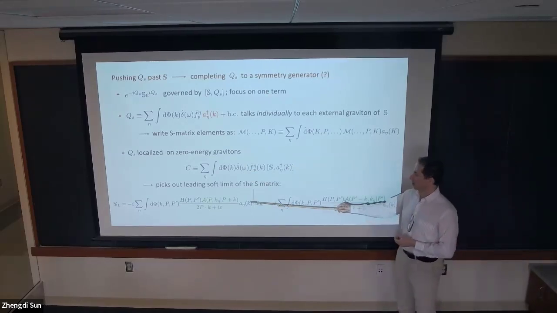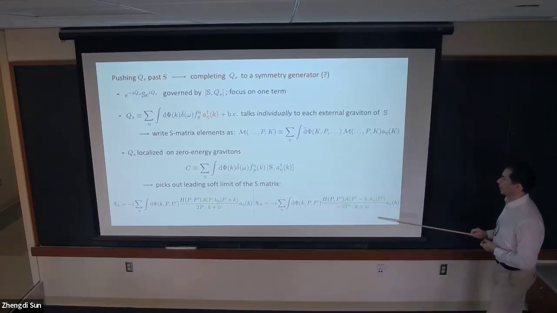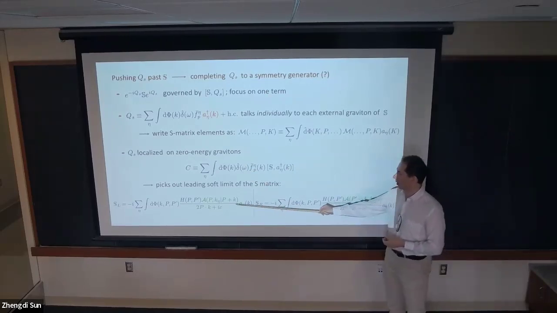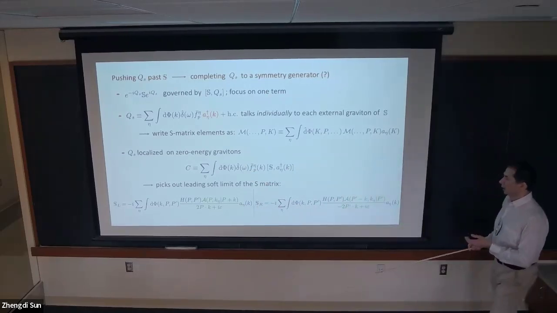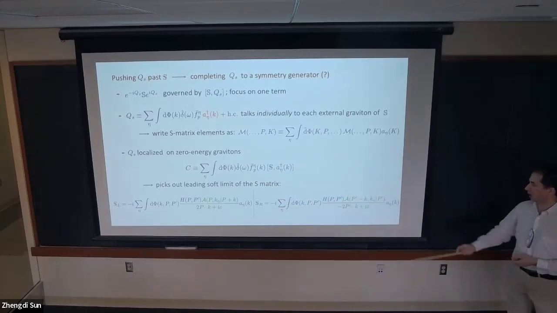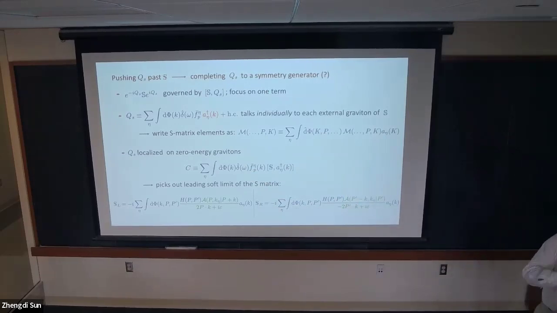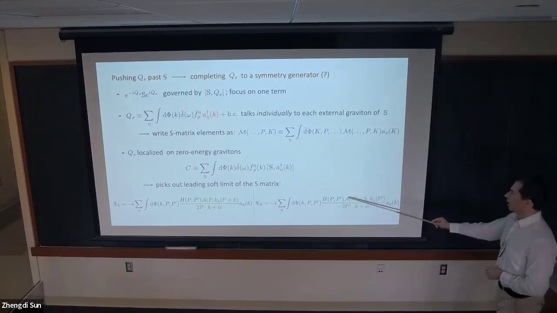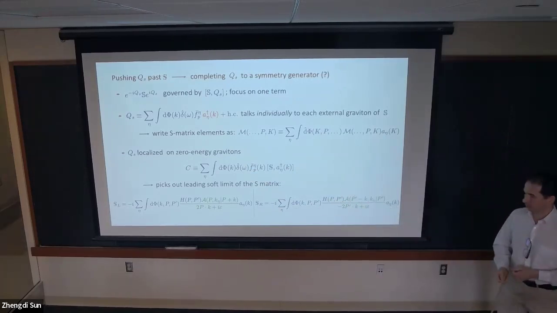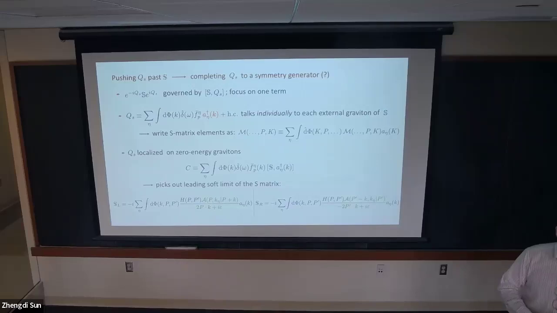So these are the S matrix elements for when this graviton is attached to an incoming or outgoing particle. In the soft limit, this curly A is the soft factor. This is the propagator that connects that soft factor with the rest of the amplitude, and H is the hard part of the amplitude, which is going to just tackle.